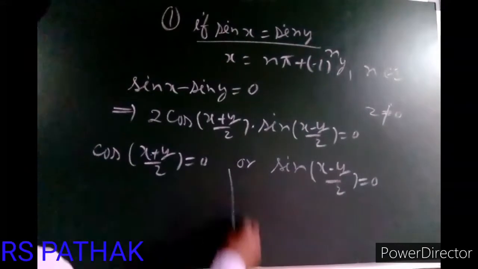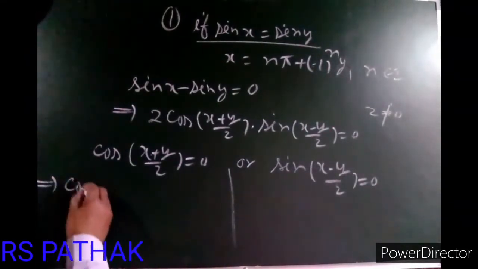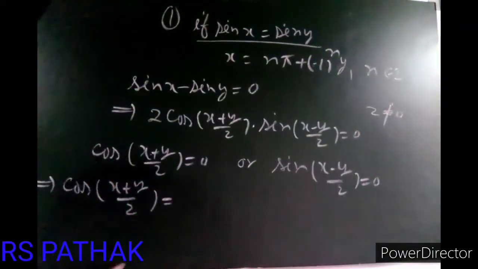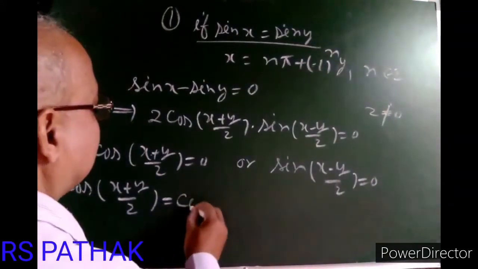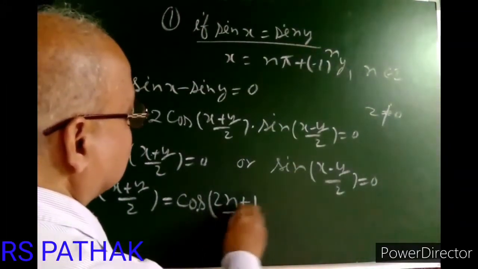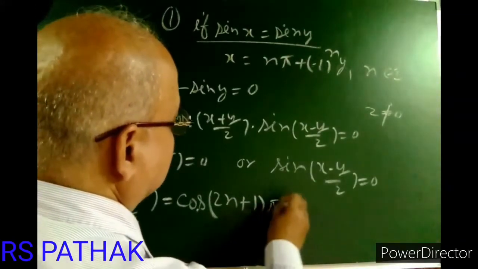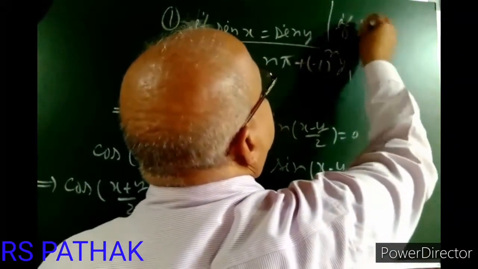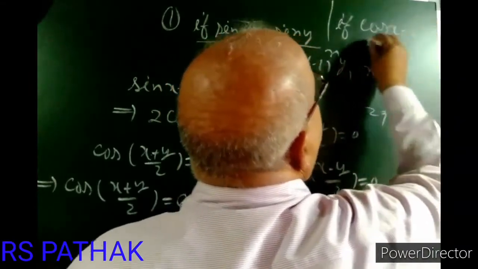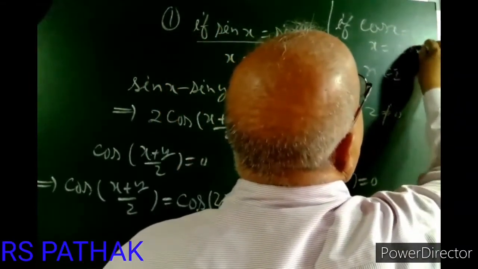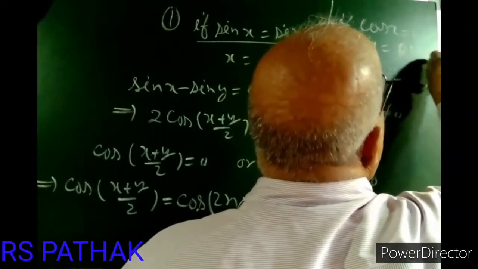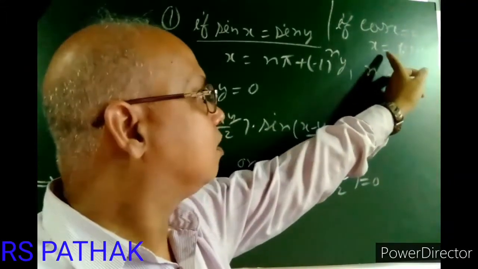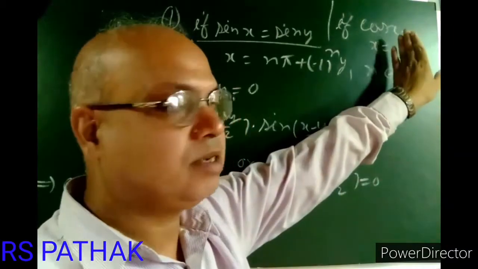I am taking this first: cos of x plus y upon 2 is equal to 0. 0 means I can write it as cos of 2n plus 1 pi upon 2, because if cos x equal to 0, then x equals 2n plus 1 pi upon 2. This is the general formula.